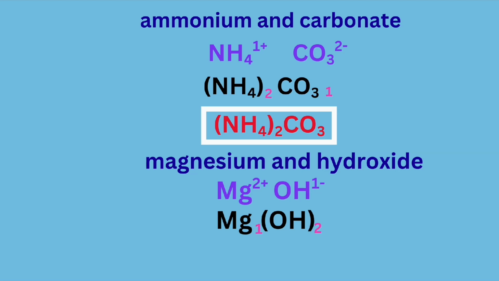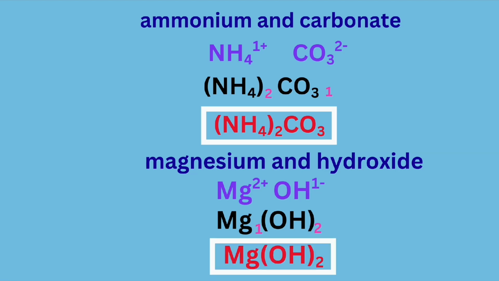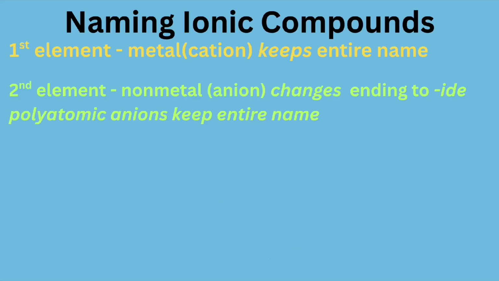Did you get those correct? Did you put the parentheses in the right place? What about hydroxide? Hydroxide can be tricky because there's no subscript. Sometimes people forget to put the parentheses around that polyatomic.